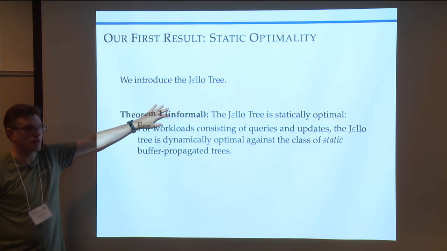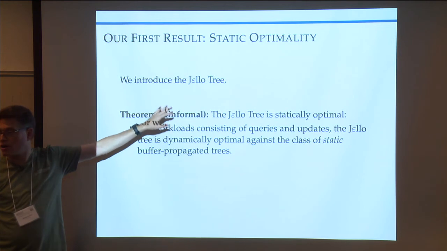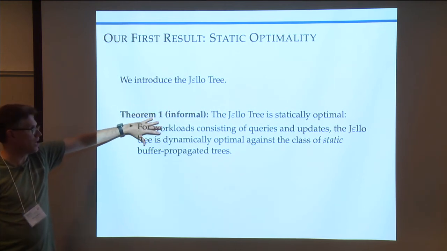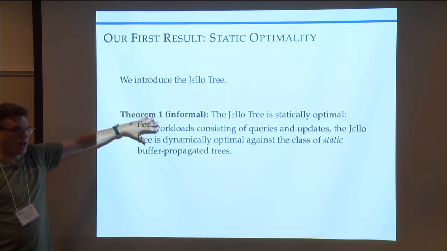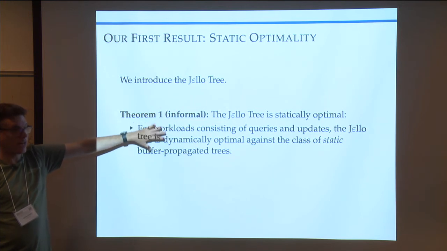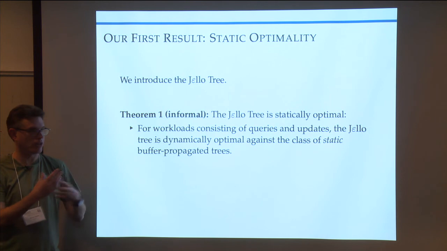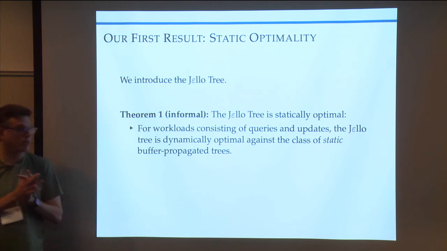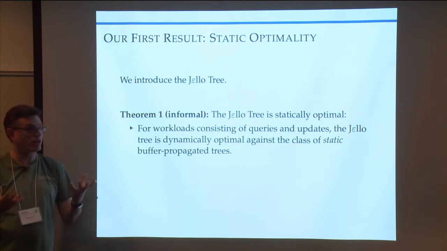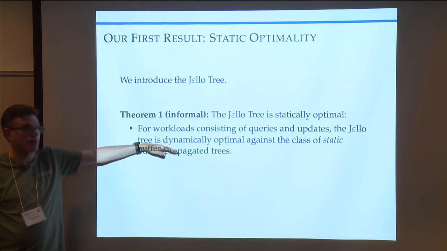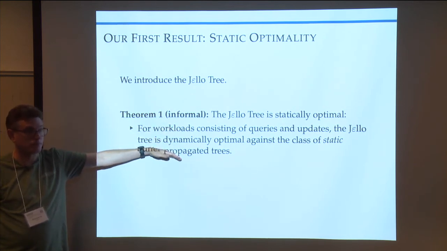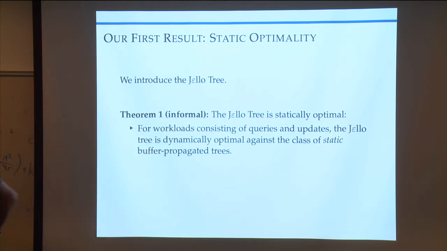We don't get to see the future, but we can adjust our tree. But we are constant competitive with any data structure that can actually see the future. There's an adversary that's determining the future, and we're competitive with that.